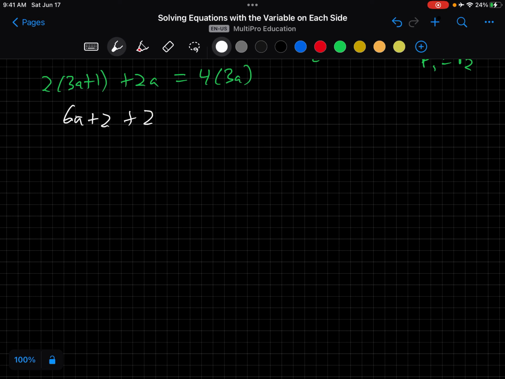6A plus 2 plus 2A is equal to 12A. And then we got 8A plus 2 is equal to 12A. Let's make sure I'm solving this correctly.